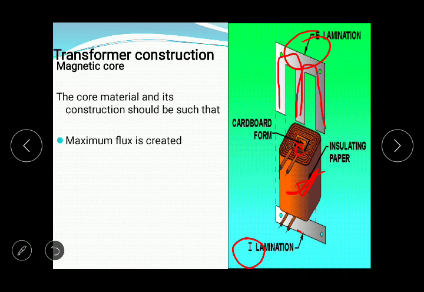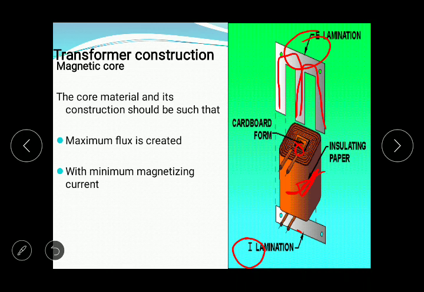So in this core the flux will be maximum. The magnetizing current is minimum and flux is maximum.